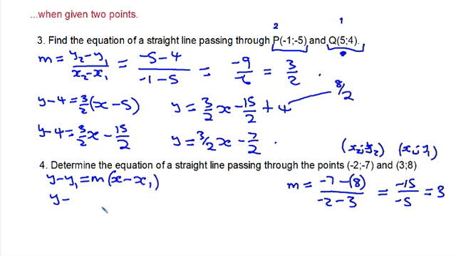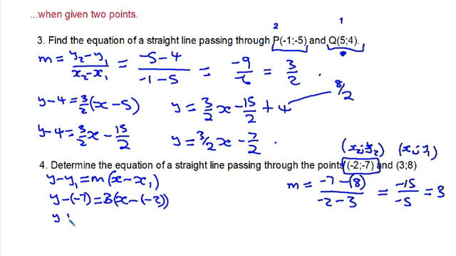So my y minus, I'm choosing, let me choose this point this time. So my y1 there is negative 7, so it's minus negative 7 is equal to, my gradient there is 3, bracket x minus, we're making use of a negative 2 there, so it's negative 2 in bracket, and then you close that big bracket.